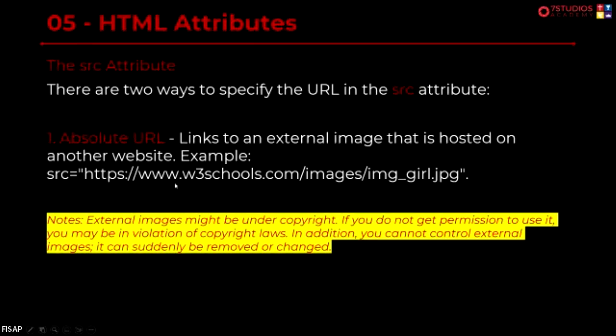So if you look at this place right now, you can see that this is actually a URL, a link, www.w3schools and so on, and it's linking you to this particular image_girl.jpg. External images might be under copyright. I mean, whatever image you are using on your website, please make sure it's not a copyrighted image. So again, when we get to this, we'll be learning more about this.